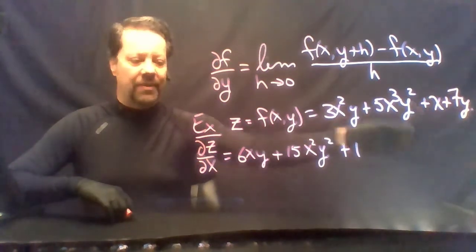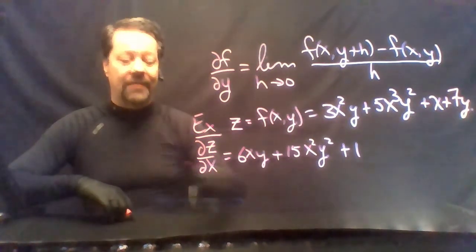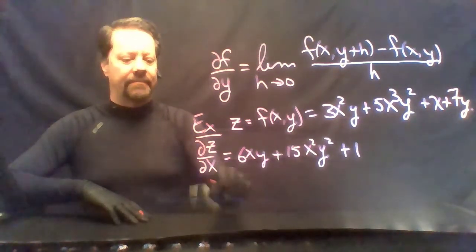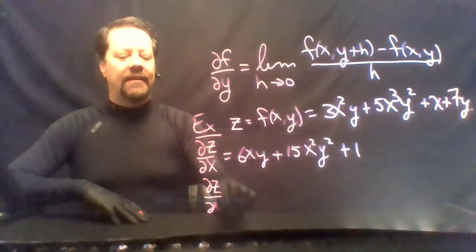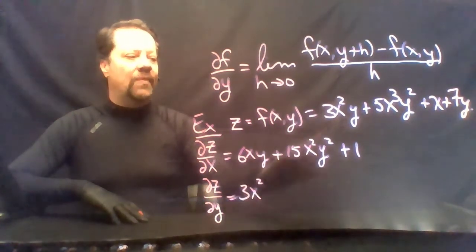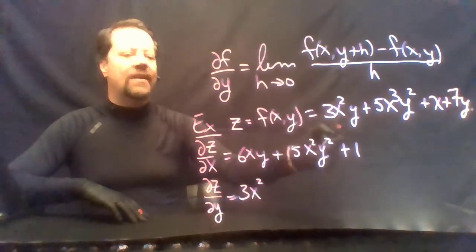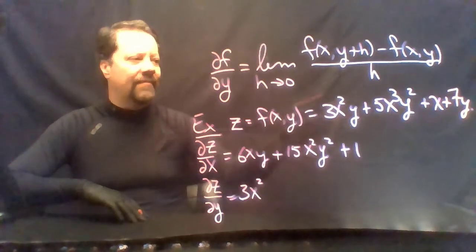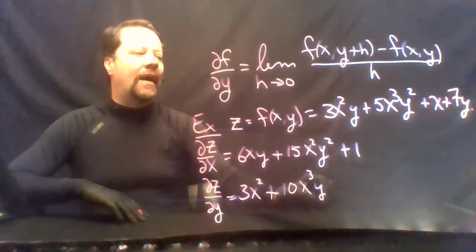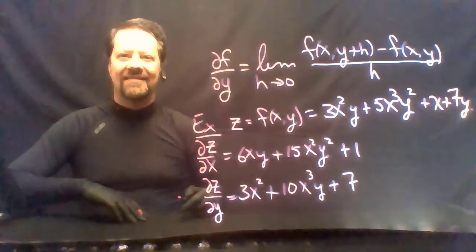The derivative of x with respect to x is 1, and then the derivative of 7y with respect to x is 0 because we are treating y as though it is constant. Then dz dy is 3x squared. The derivative of y with respect to y is 1. The 3x squared comes along as a constant factor. Then we get plus 10x cubed y plus 0, and then plus 7.